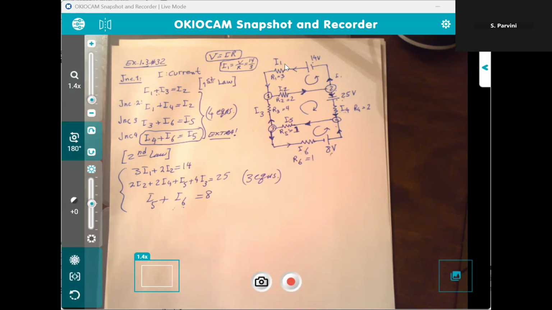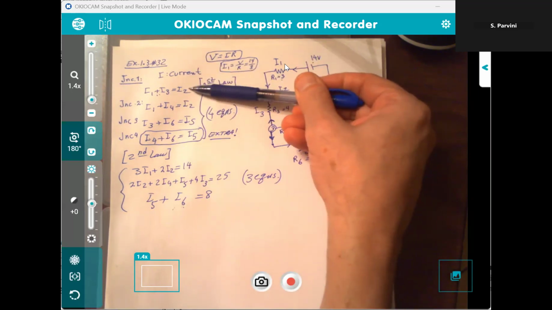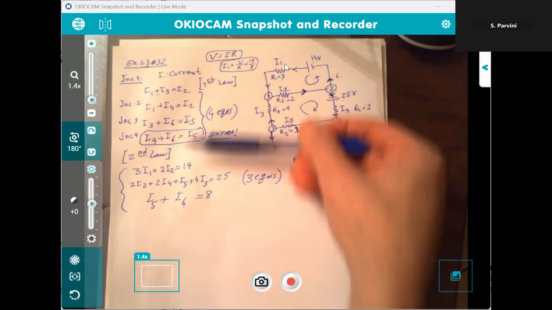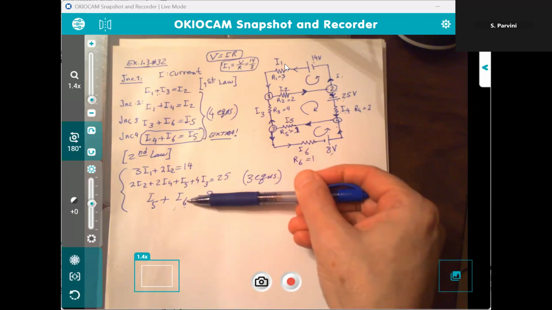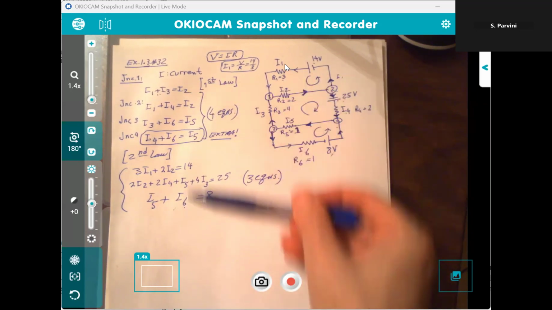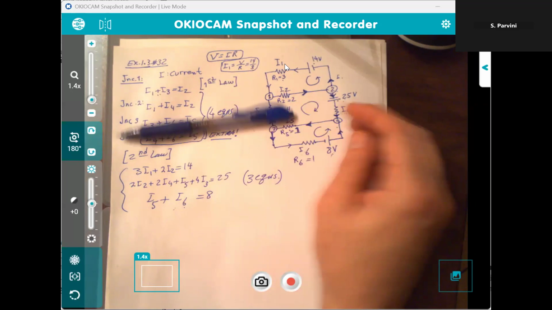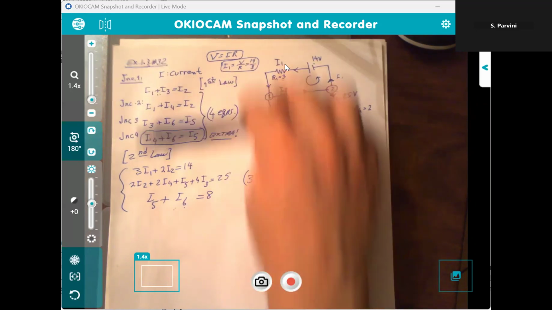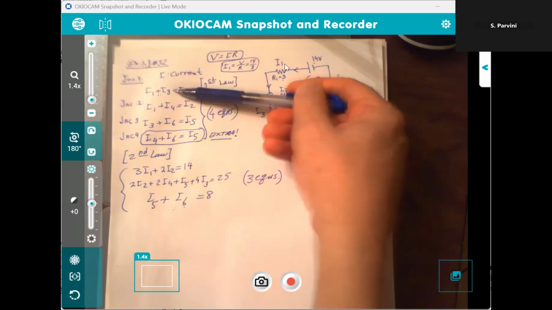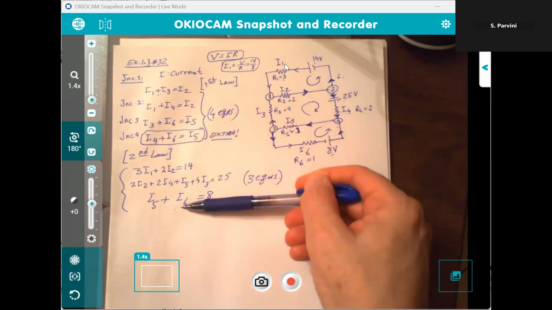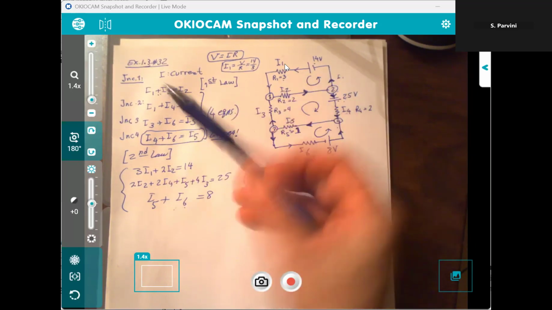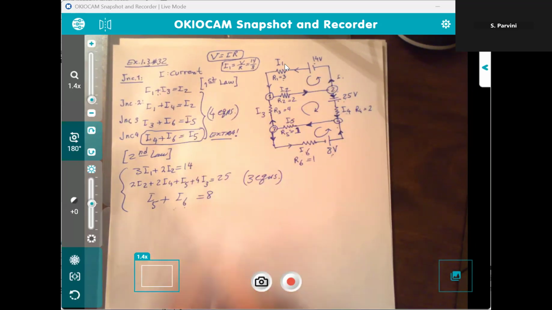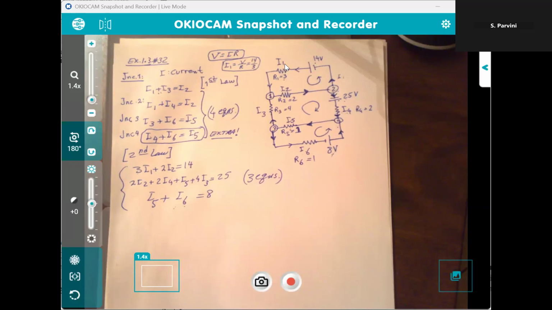In the case of number 32, we have 1, 2, 3, 4, 5, 6, 7. One of these is redundant. And it doesn't matter which one, by the way, you can eliminate any one of these, because these are independent equations, right? Within themselves. So drop any one of them and keep 6, and you'll see the answer will not change.